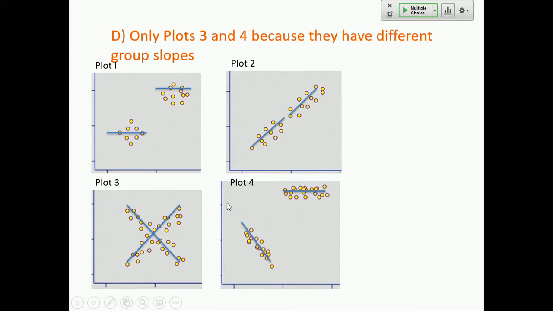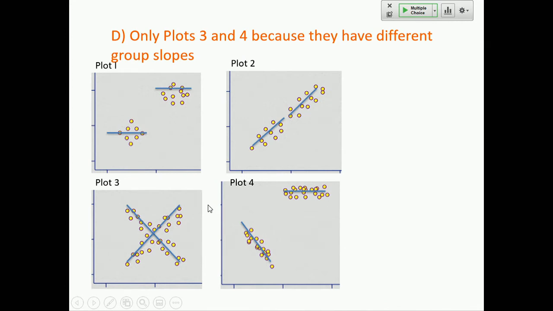So there's no interaction in plot 1, because the slopes are the same. Yeah, we're looking at the effect. Here's the X and here's the Y, and you have two groups. Do the two groups have the same slope or not? When they have the same slope, there's no interaction. Interaction means that the two groups have different slopes. You got that? Okay, so the answer is 3 and 4.